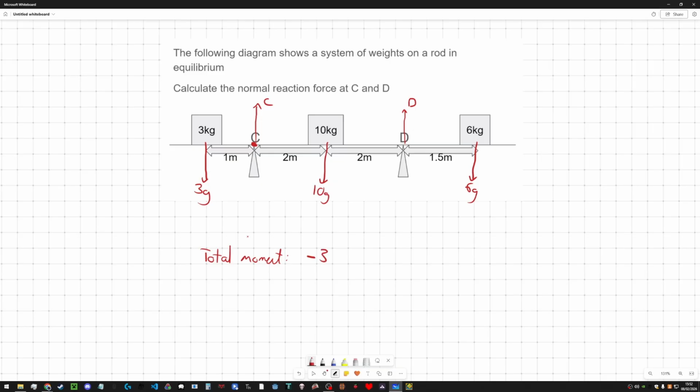Since it's anti-clockwise, we'll write it as negative. Here, we then have a 10 kilogram mass producing a force of 10g, 2 meters away from the pivot. So we have a clockwise moment of 20g, because that is our 10g, which is our force, times our distance of 2 meters.